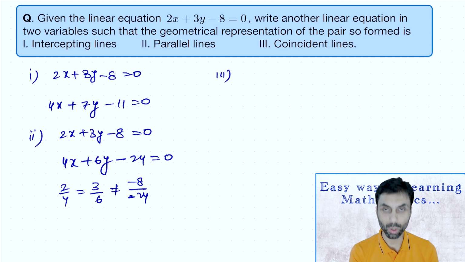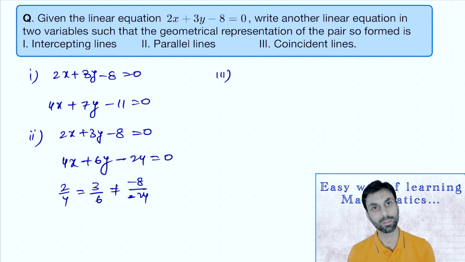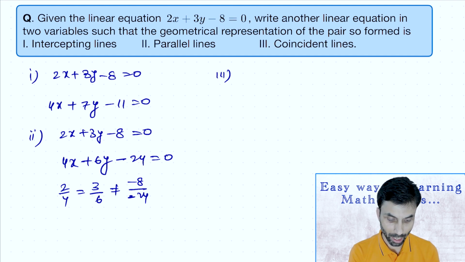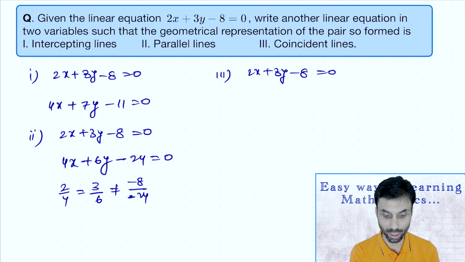Now the third one is coincident lines. So remember, a coincident line can be obtained by just multiplying the given line with any non-zero number. So here, if we have 2x plus 3y minus 8 equals 0, you can choose any specific number and multiply it. I am going to multiply it by 2.